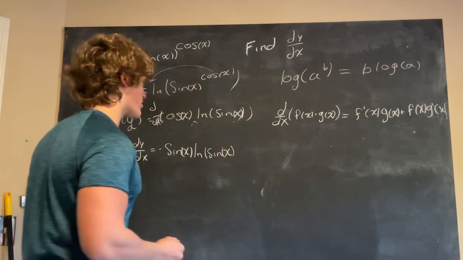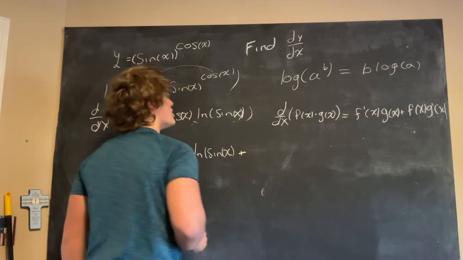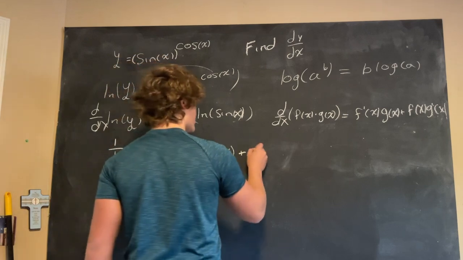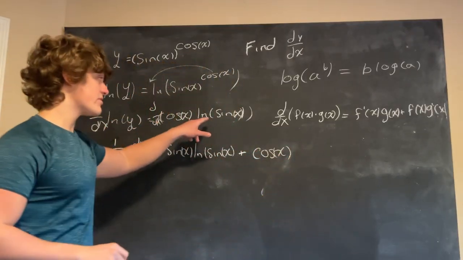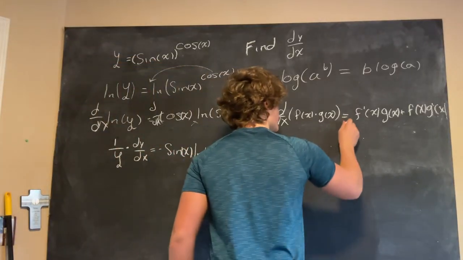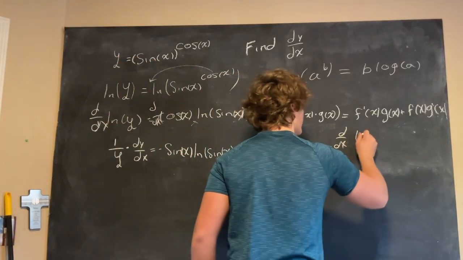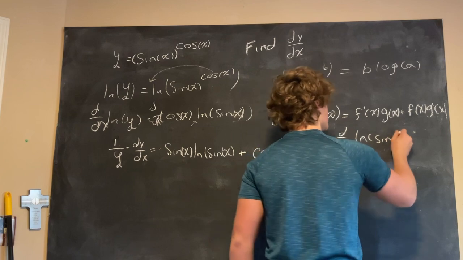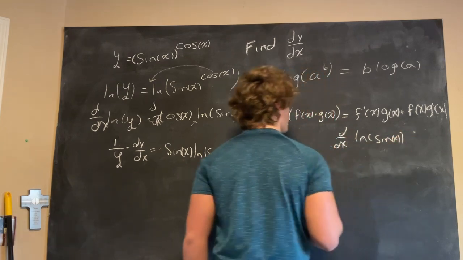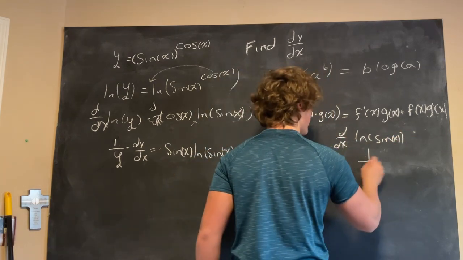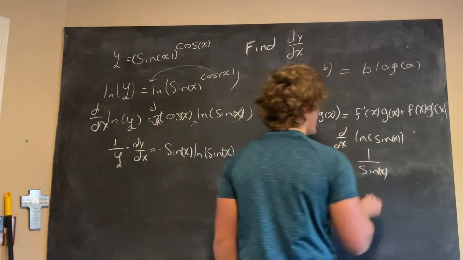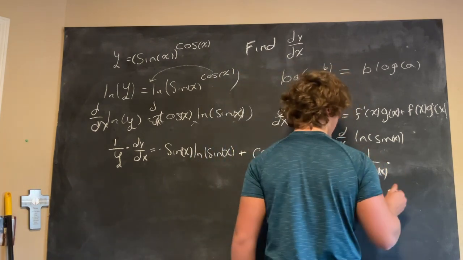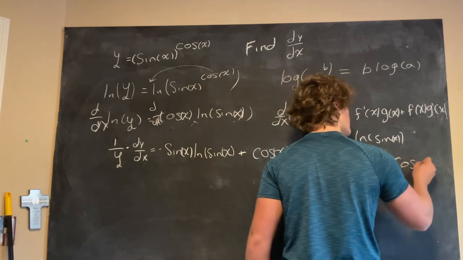Now, we are going to add the cosine x, and multiply that by the derivative of ln of sine of x. The derivative of ln of sine of x is just another chain rule. So we do 1 divided by sine of x, as that is the derivative of ln of u, and multiply it by the derivative of the inside, which is cosine of x.